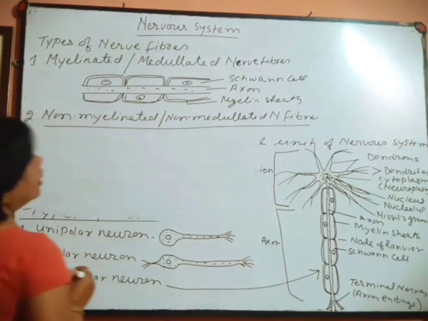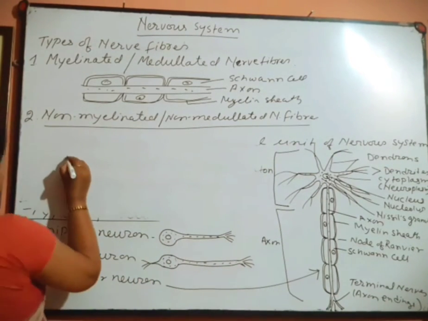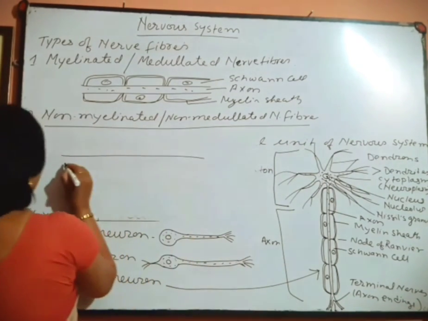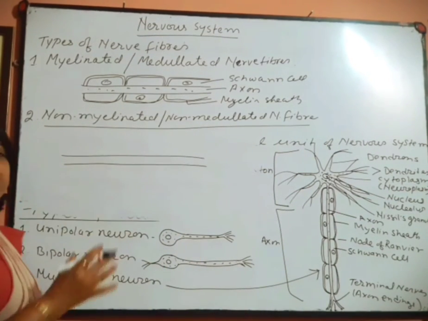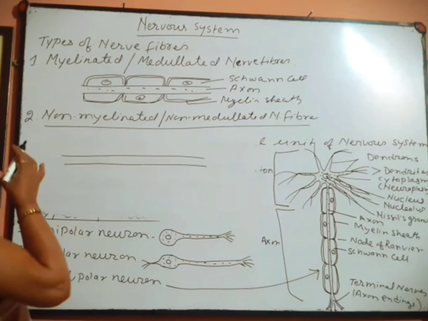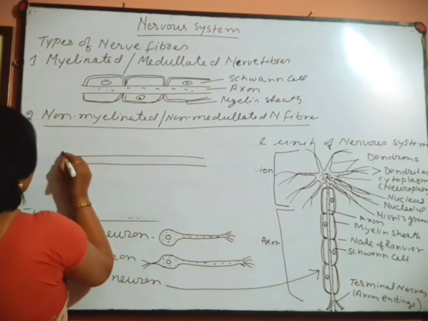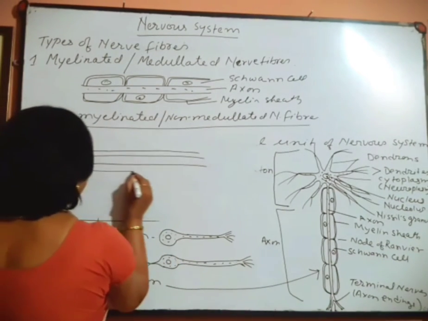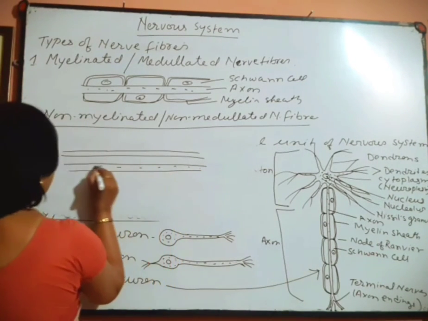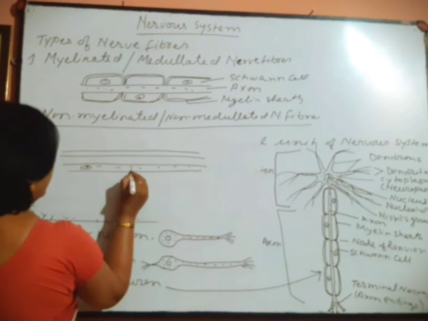Non-myelinated or non-medullated nerve fibers. In these nerve fibers, the myelin sheath is absent. It is not covered by the myelin sheath, but Schwann cells are present around it.